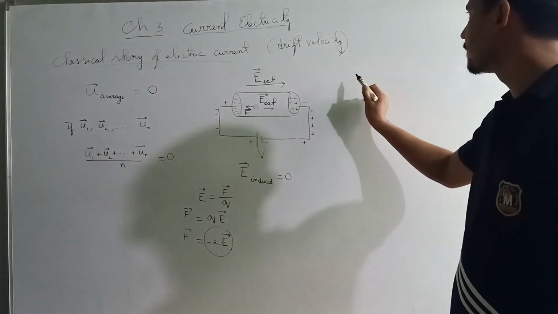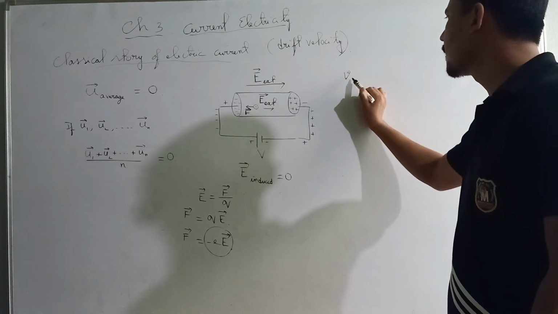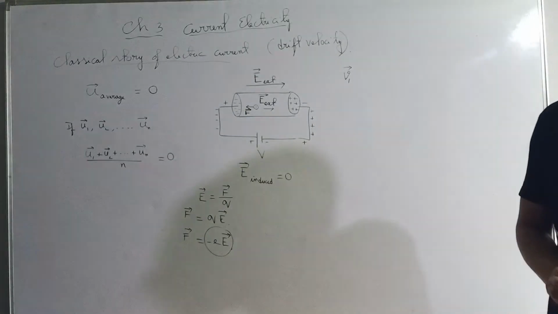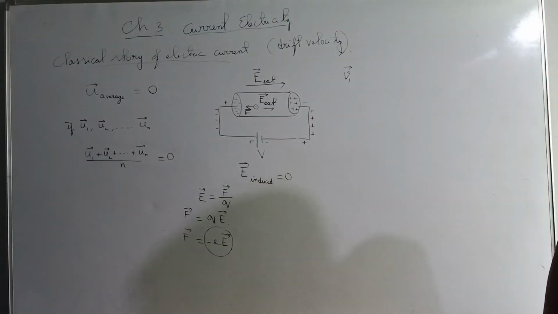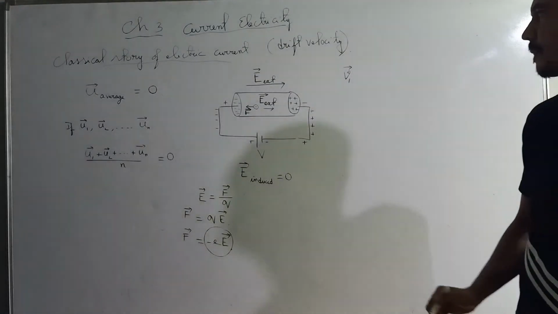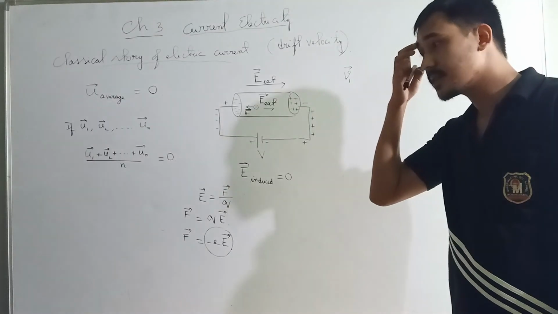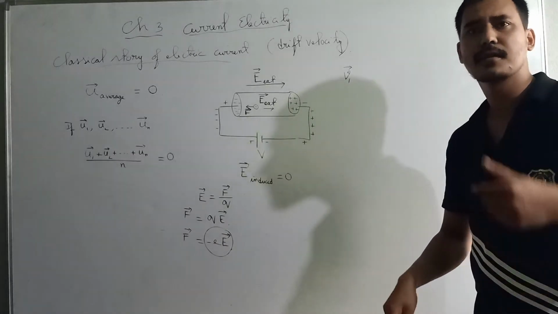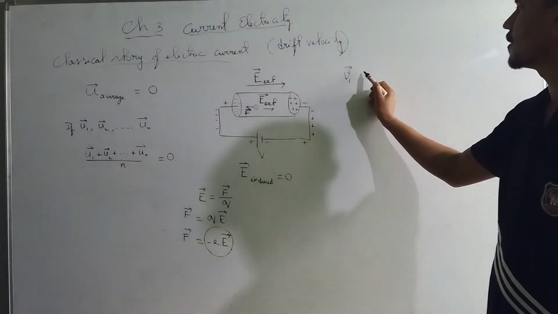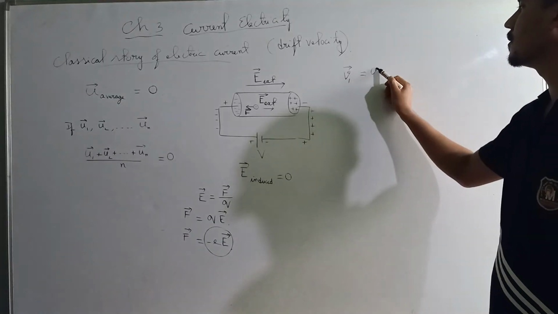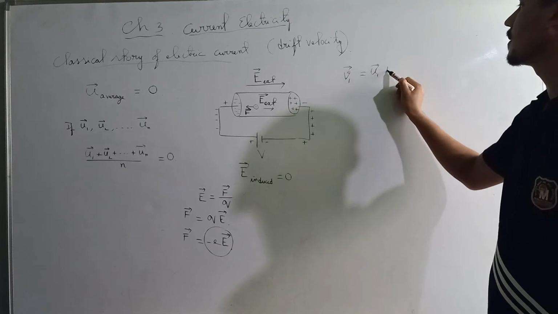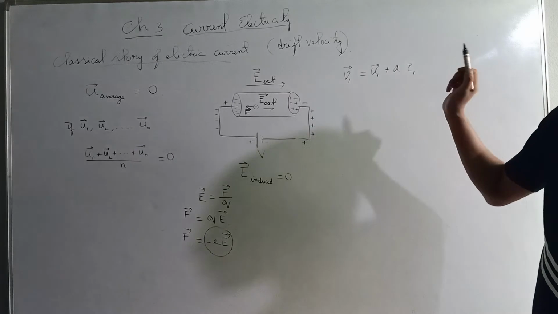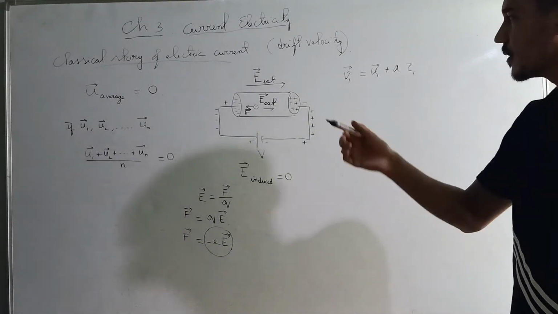So if V1 is the velocity of the first electron before it suffers collision with the positive ions of the conductor, then from the equation of motion we know that V1 will be equal to U1 plus a tau 1, where tau 1 is the relaxation time for the first electron.